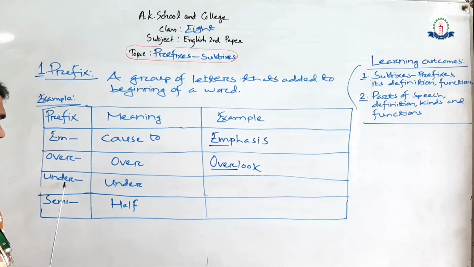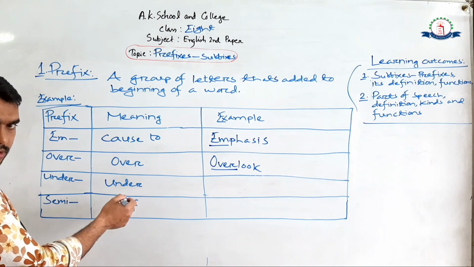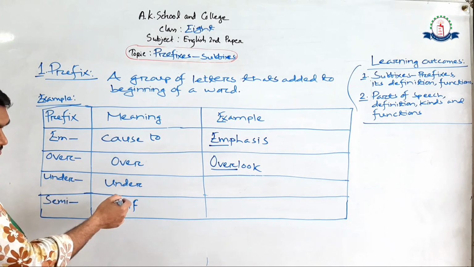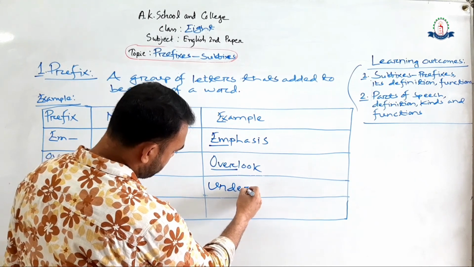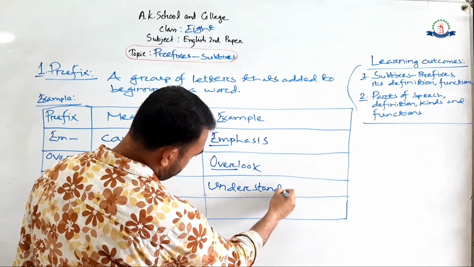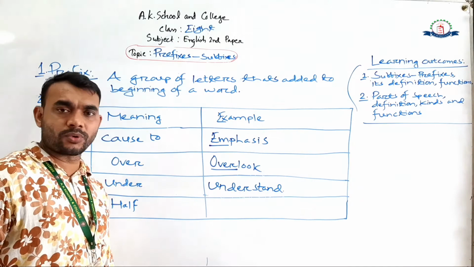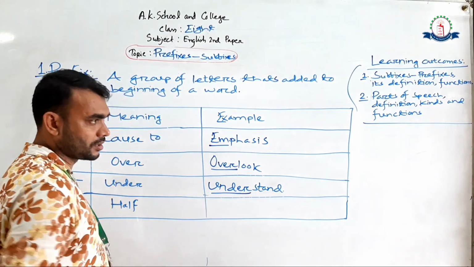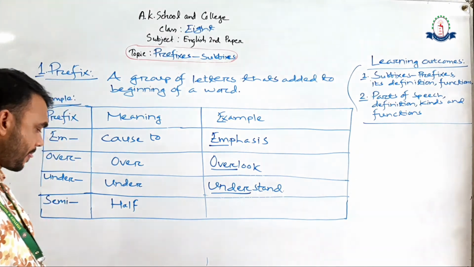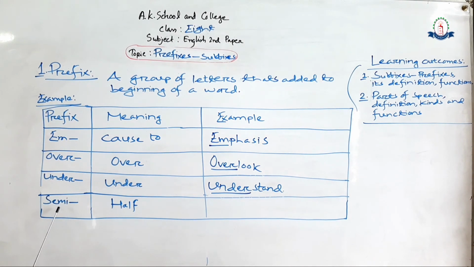In example number 3, you see here the word under, meaning also under. And here I will take an example: understand. So understand is the word and the letters under are the prefix. In example number 4, you see here I write semi.